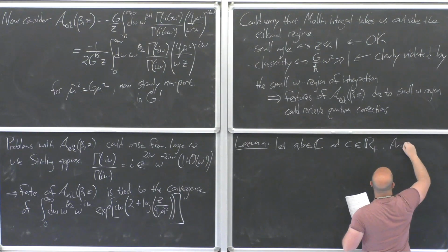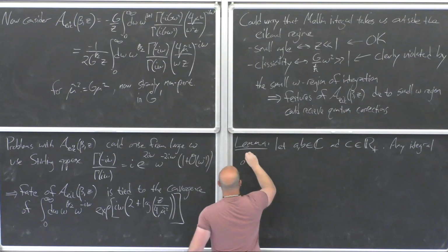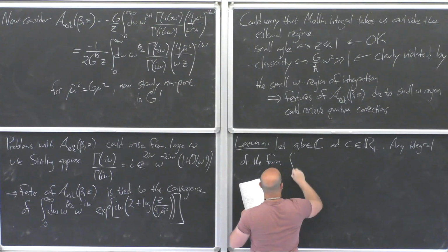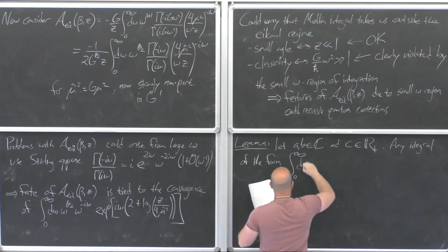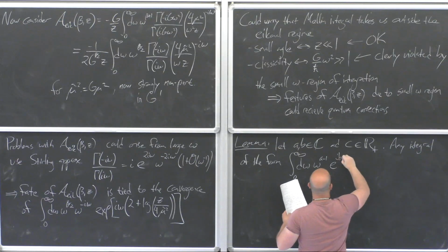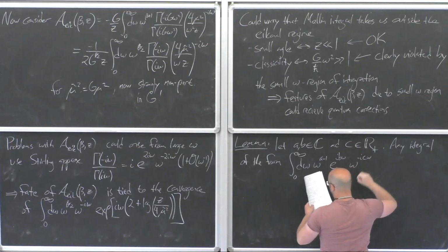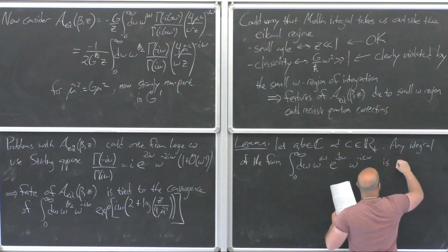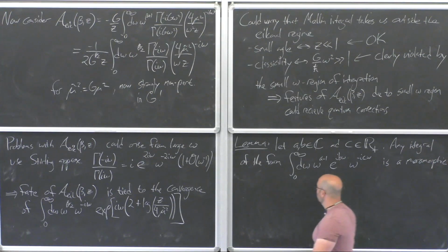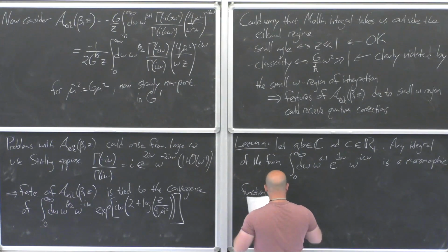Then any integral of the form, that's right, 0 to infinity d omega, omega to the a minus 1, e to the i b omega, omega to the minus i c omega, is a meromorphic function of a.